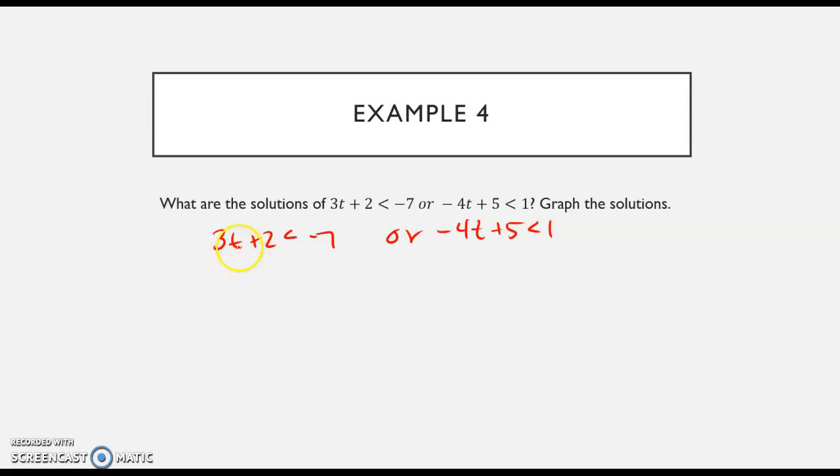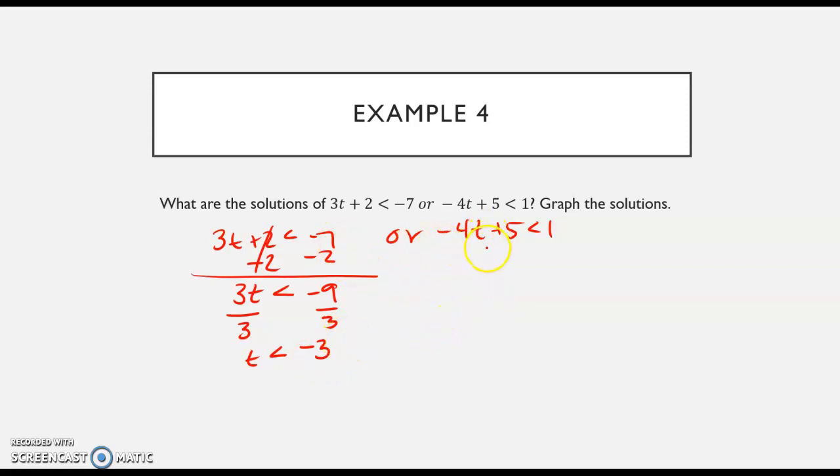I'm going to start with the first one, 3t plus 2. I subtract 2 from both sides. So now I have 3t is less than negative 7 minus 2, which is negative 9. Then we divide both sides by 3. So now I have that t is less than -3.